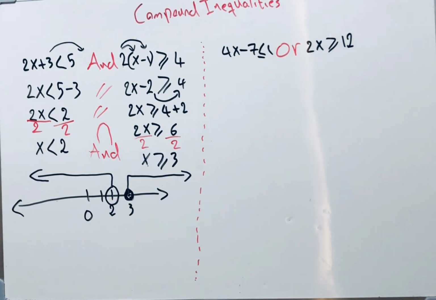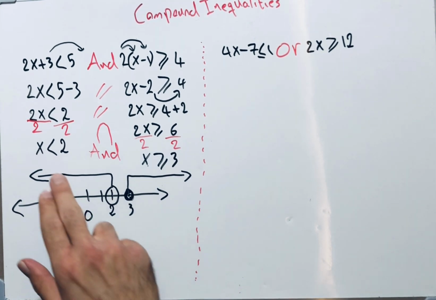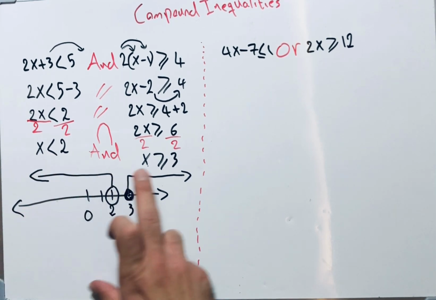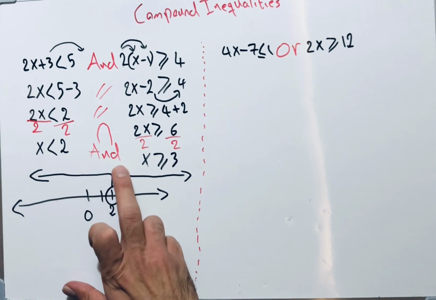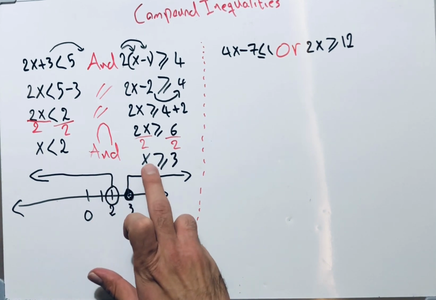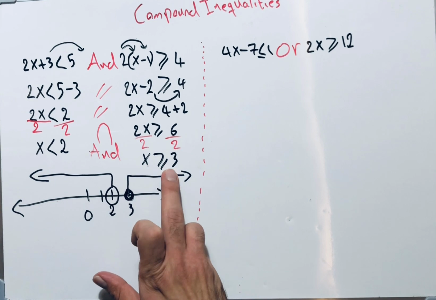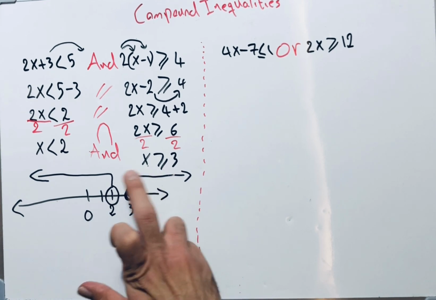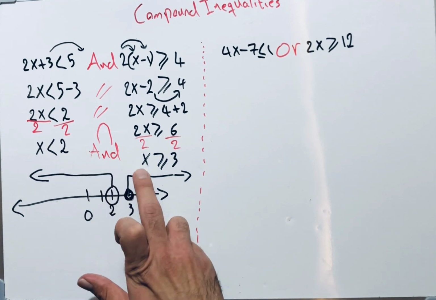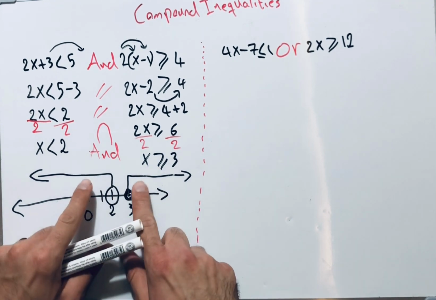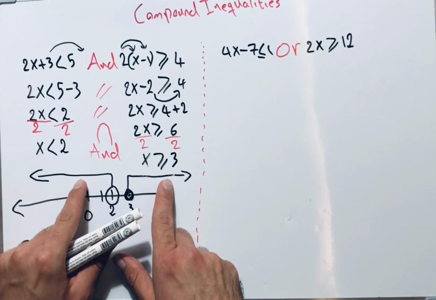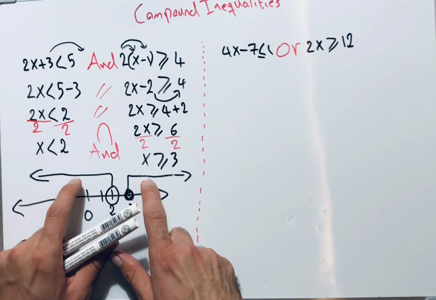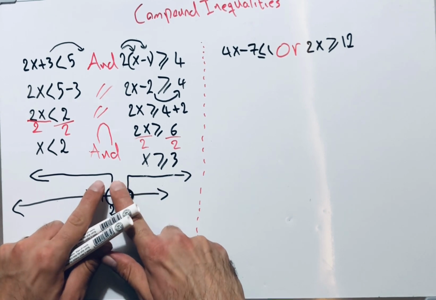You might be wondering, can we have a number that is smaller than 2, but at the same time, because "and" means at the same time, also larger than 3? No, there is no real value that satisfies both of these. These two arrows never meet each other. There is no value of x that will make these two arrows intersect.